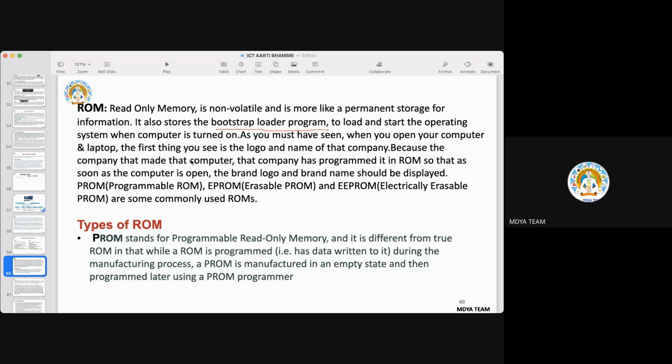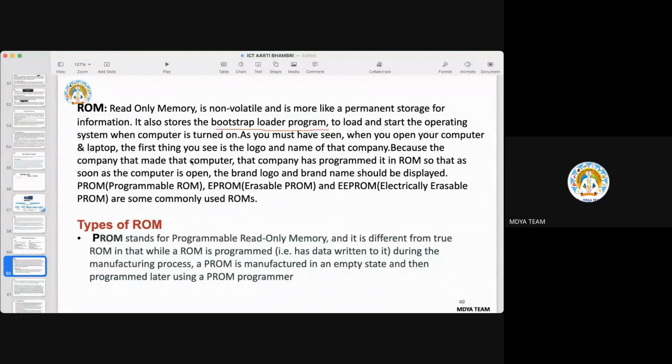Now, it also stores the bootstrap loader program. Whenever you switch on the computer, first this set of instructions used by the CPU comes from the ROM. It contains the bootstrap loader program to load and start the operating system when the computer is turned on.